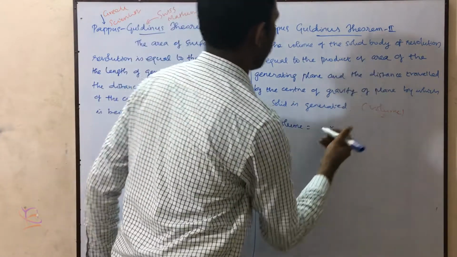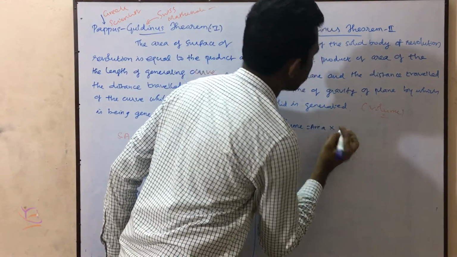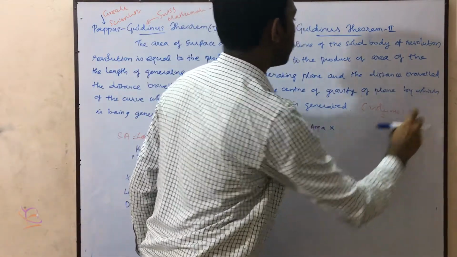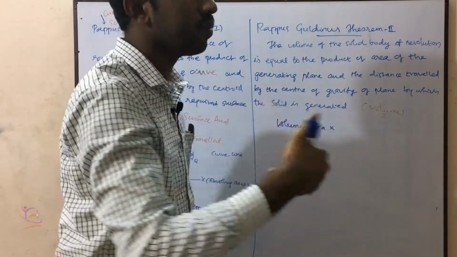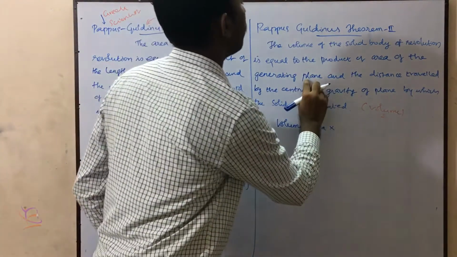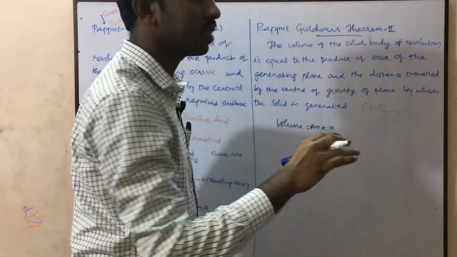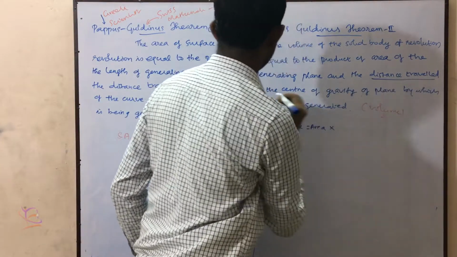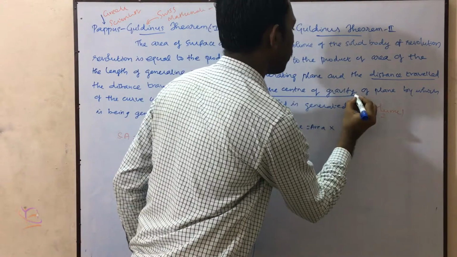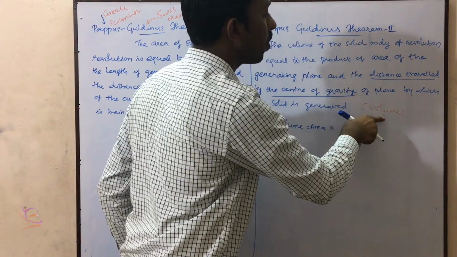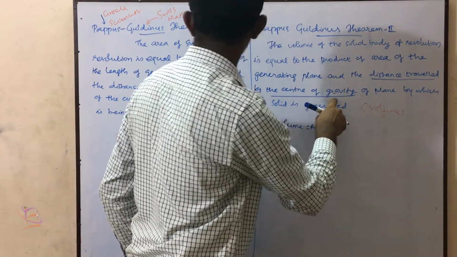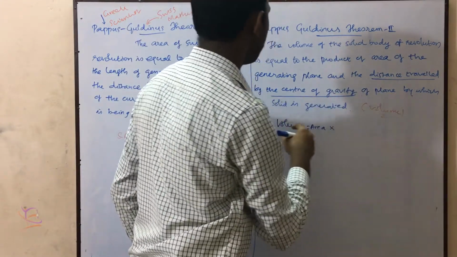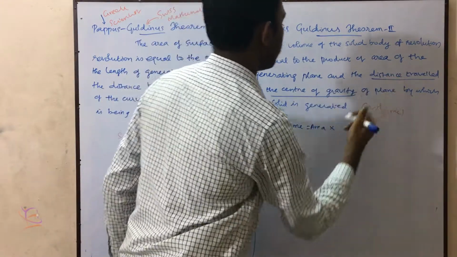There it was length, here it is the area of the plane, because a curve can produce a plane, but only a plane can produce a solid. The distance is travelled by the center of gravity, the centroid of the plane from which the solid is generated.